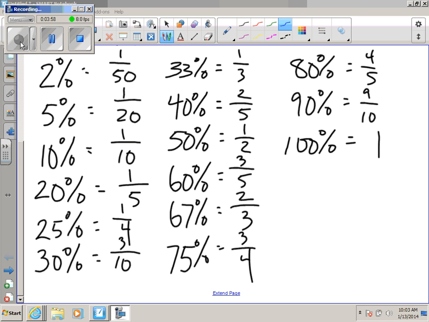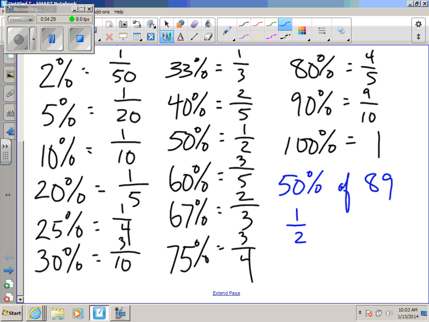So you're going to see problems like this. Let's say 50% of 89. All right, and when we estimate this, the first thing I want you to do is to pick one of the percents that you have on your chart that's closest to the percent that's given. In this case, it's 50%. 50% was what fraction? So let's use half, okay?